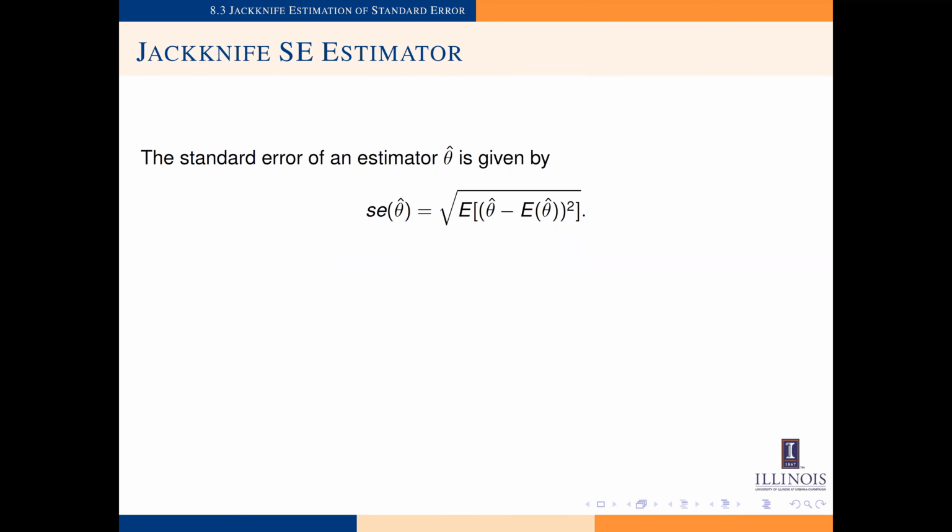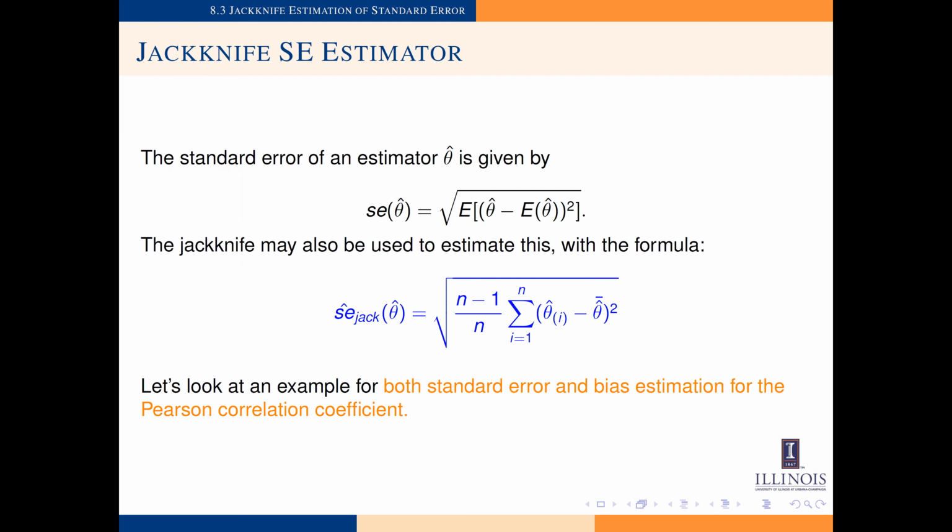The standard error of an estimator theta hat is given by SE of theta hat, which is the square root of the expectation of the square deviation between theta hat and its expectation. The jackknife may also be used to estimate this, and the formula is denoted in blue over here.